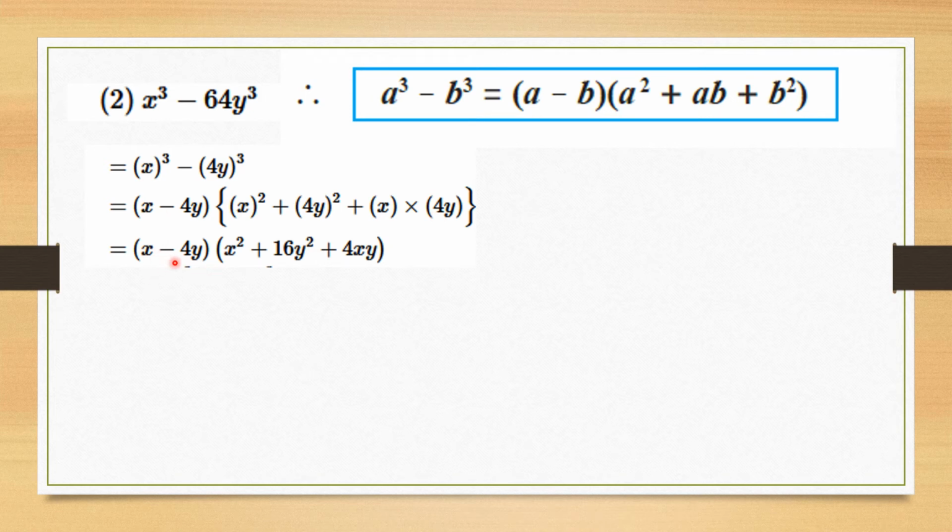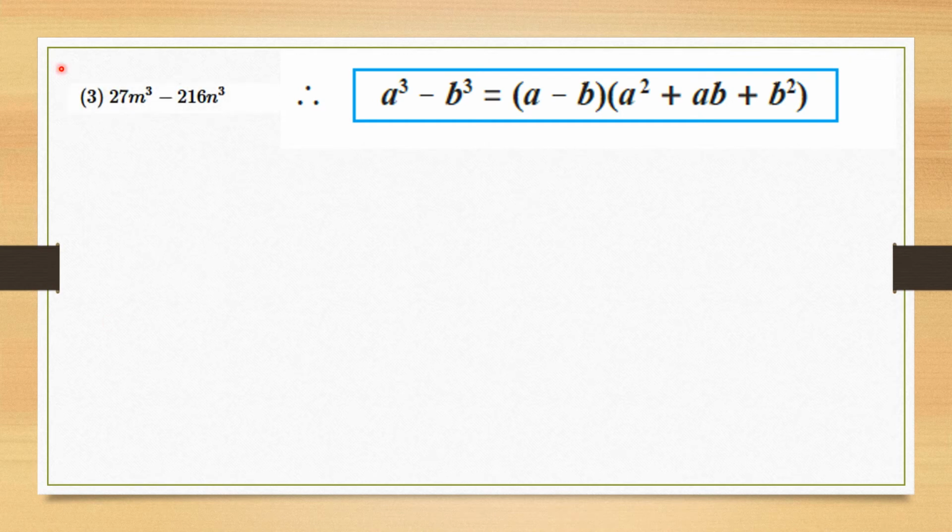So this x minus 4y as it is, x the whole bracket square will become x square, and 4y the whole bracket square will become, since we know square of 4 is 16, so this becomes 16y square, plus x into 4y will become 4xy. So the final solution of this sum is (x minus 4y)(x square plus 16y square plus 4xy).